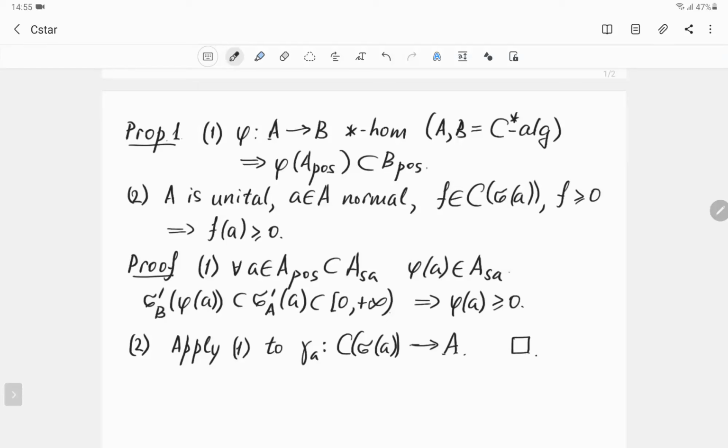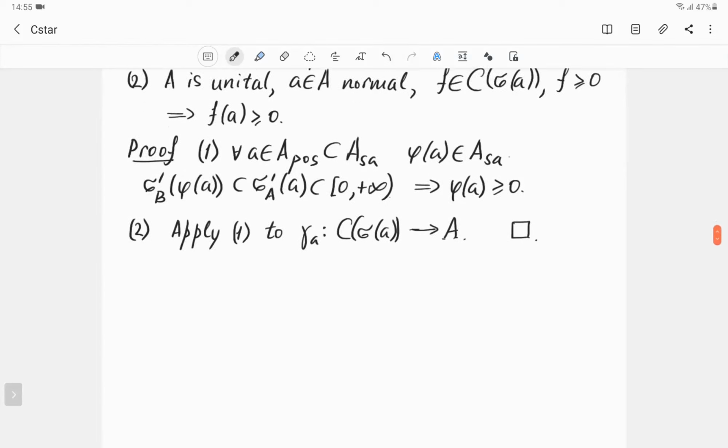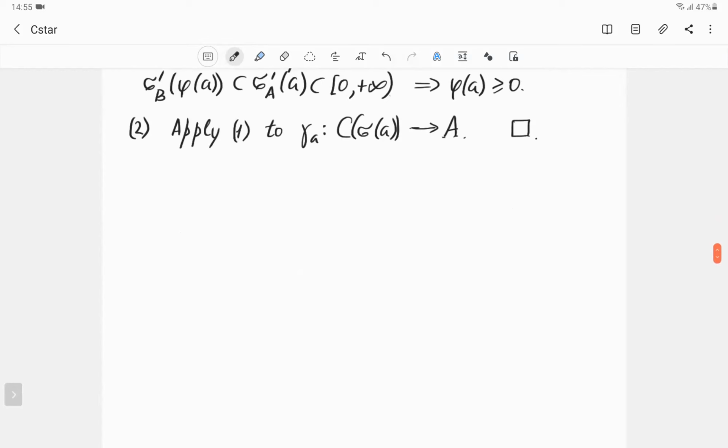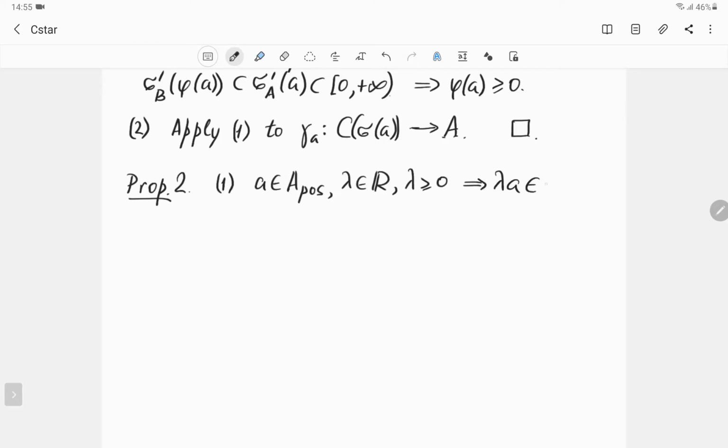Okay, let's now look at some properties of the set of positive elements. This is our proposition 2. First of all, I claim that if little a is a positive element and lambda is a non-negative real number, then lambda a is also positive.